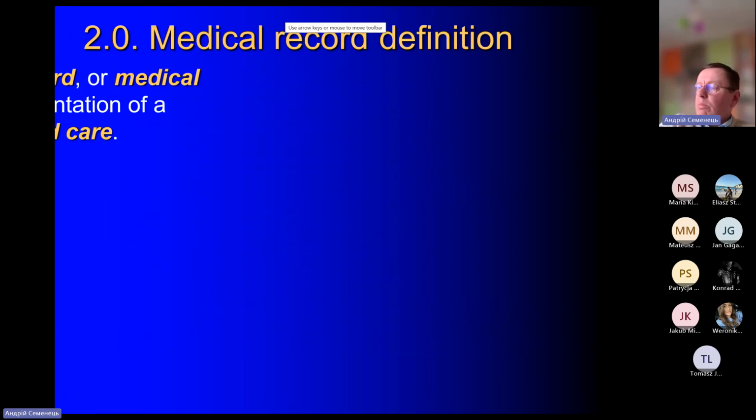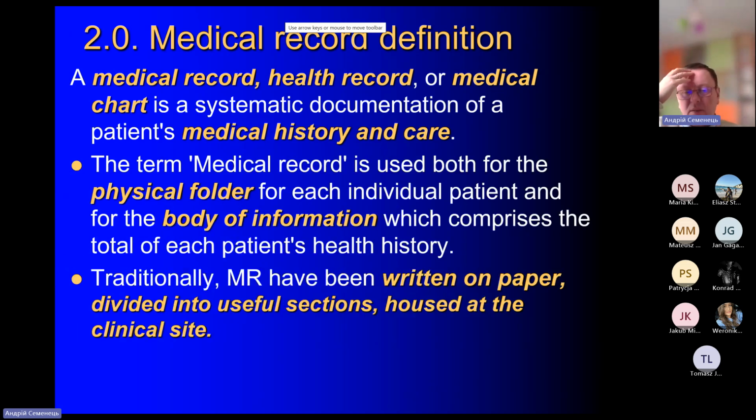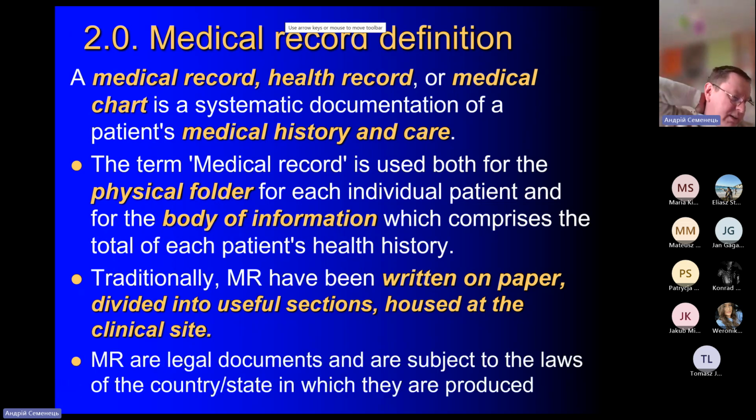Again, today we are talking about the most common types of information system, and next time we will talk more about advanced ones like decision support systems, and so on.